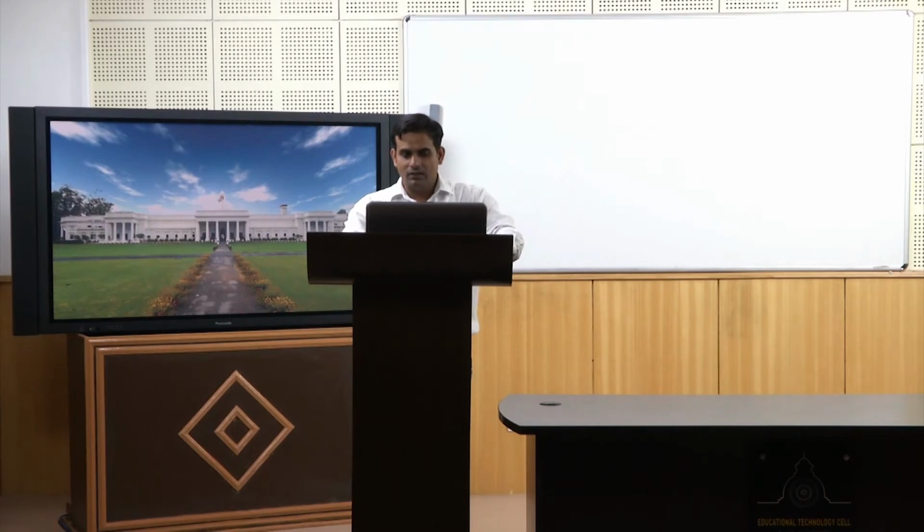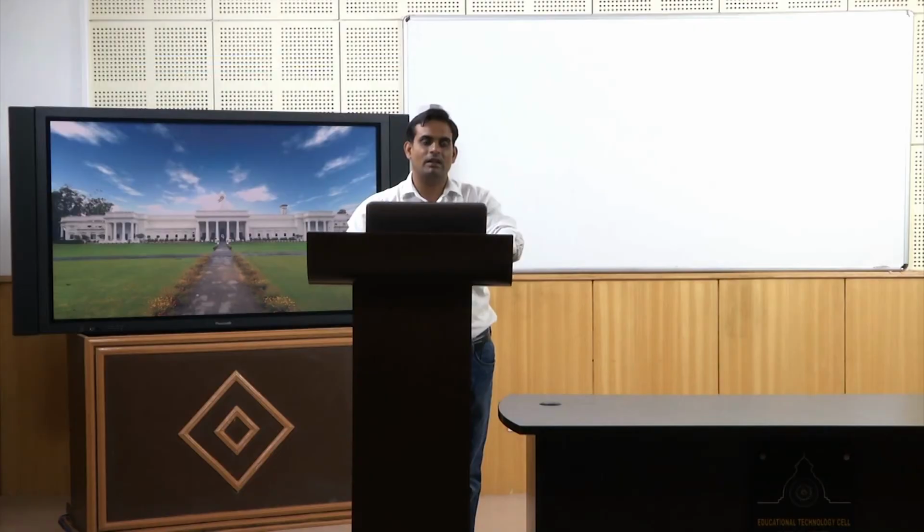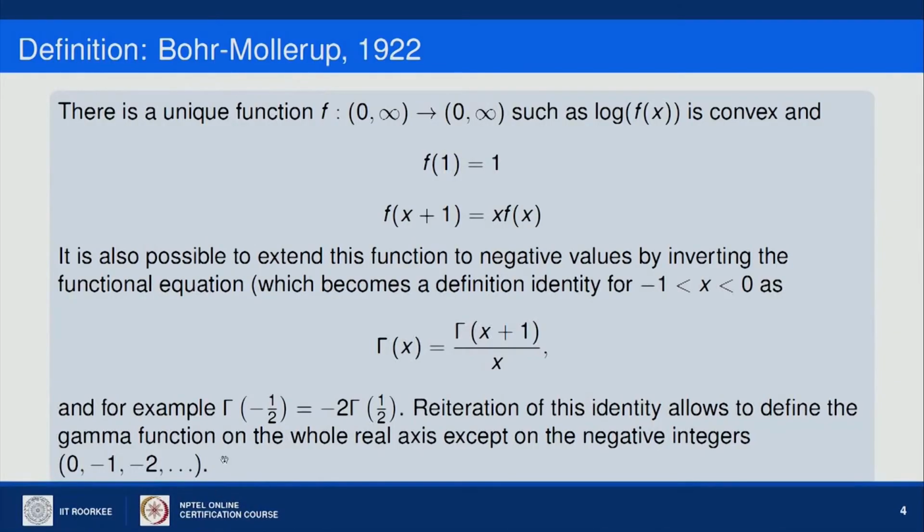We know that gamma of x plus 1 equals x times gamma x. So I can write that property in this fashion: gamma x equals gamma x plus 1 upon x, and this gives the definition of the gamma function for negative numbers except the negative integers like -1, -2, etc. For example, to find gamma of -1/2, if I put x equals -1/2, it will become gamma half in the numerator, and in the denominator -1/2.